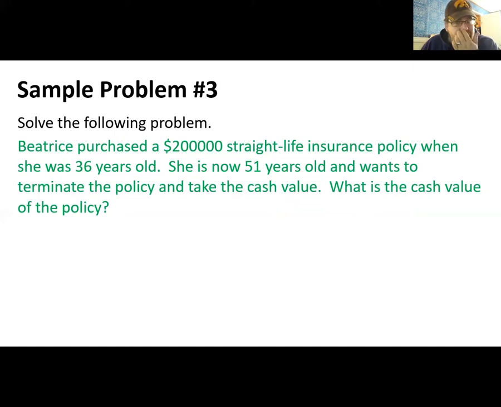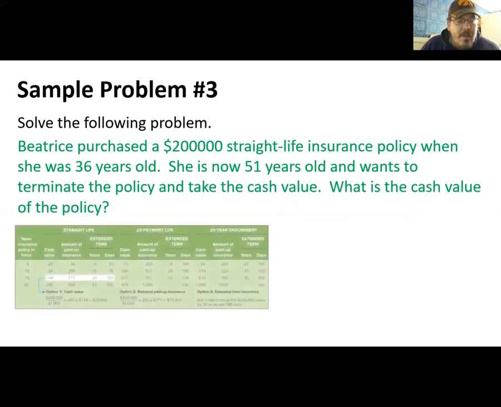Again, a straight life policy serves in some ways like a savings account. If you ever decide to terminate, you're building up value by paying in those premiums. Again, we have to use a table to help us find the appropriate table factor. We know she's had it for 15 years, so we're going to go to the 15-year row.